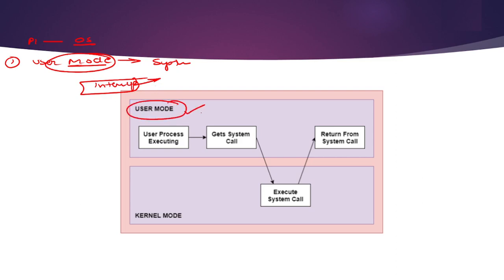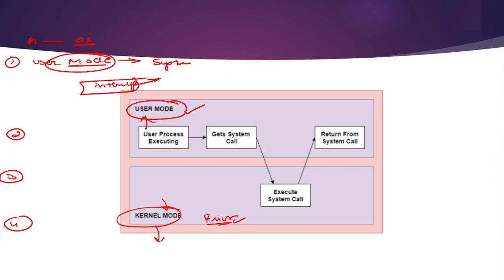Second step is, after that, the system call is executed here in the kernel mode on a priority basis. In the third step, once the system call execution is over in the kernel mode, control returns back to the user mode. And in the fourth step, the execution of the user process is resumed as usual. So all these are the important steps that you should note.